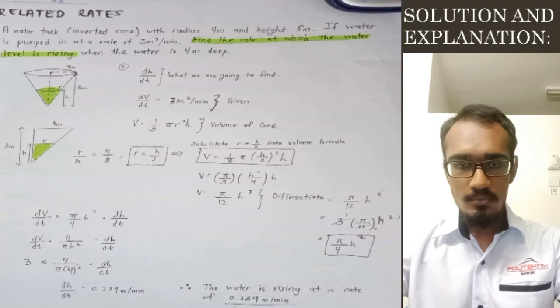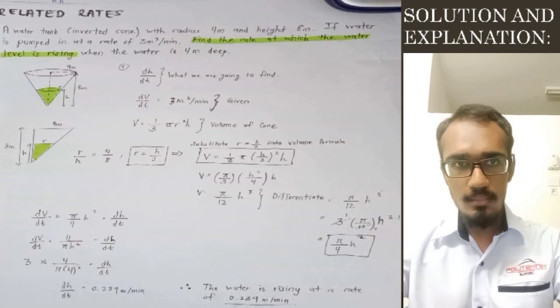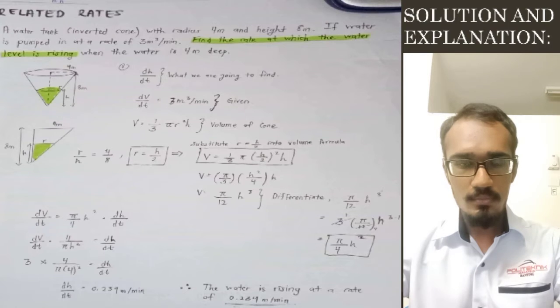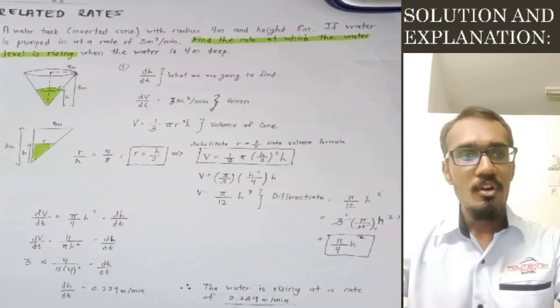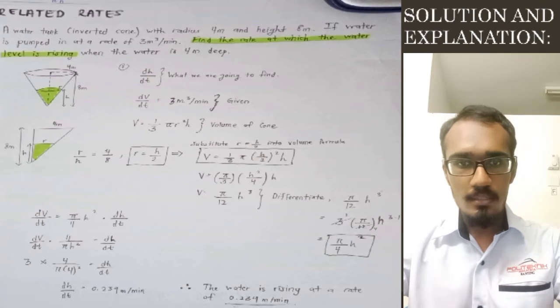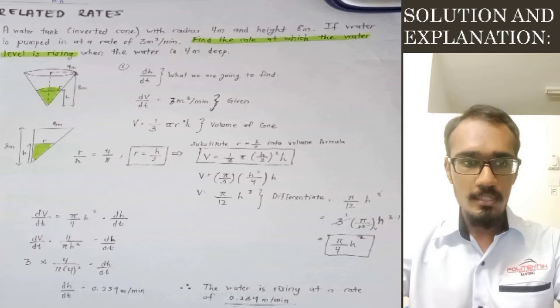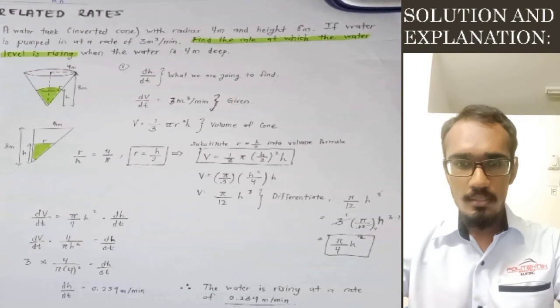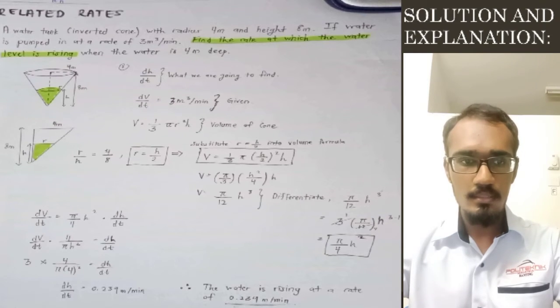Now we know that dV over dt equals 3 meter cubed per minute. So we just take 3 meter cubed and put it in the formula, so it becomes 3 multiplied by 4 over pi bracket 4 squared, and then calculate dH over dt.